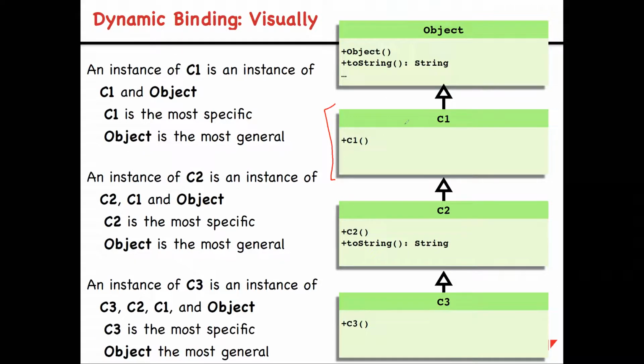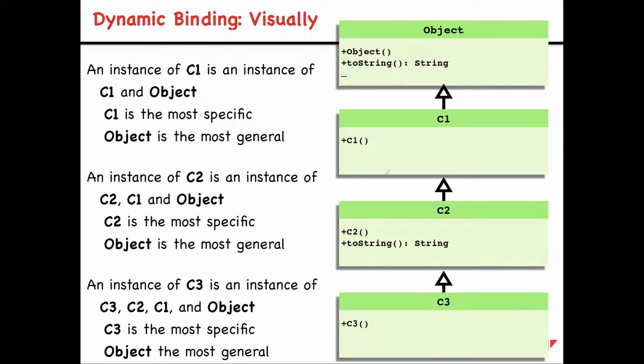It's both. It is a C1, of course, and it is an Object. C1 is the most specific. Object is the most general. Specific to general. So drawing these out can help you determine what it means to be specific and what it means to be general. The more specific we go, the further down this chain we're looking.